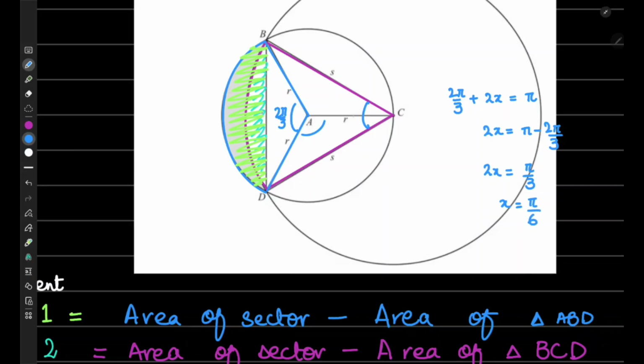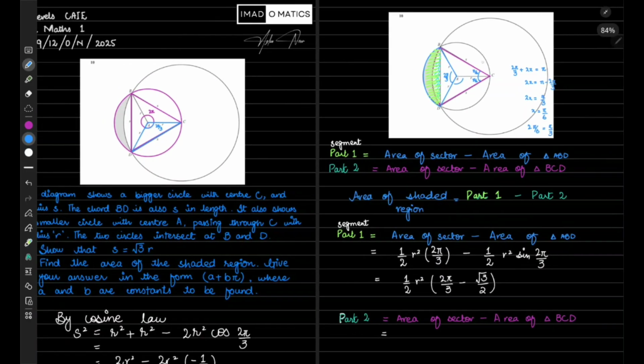So this is pi over 6 and this is pi over 6. So 2 pi over 6 is pi over 3. Okay, so this angle C is pi over 3.